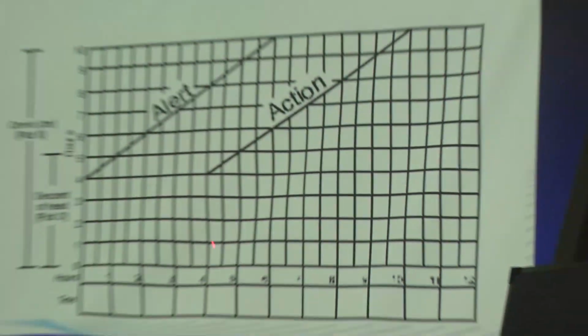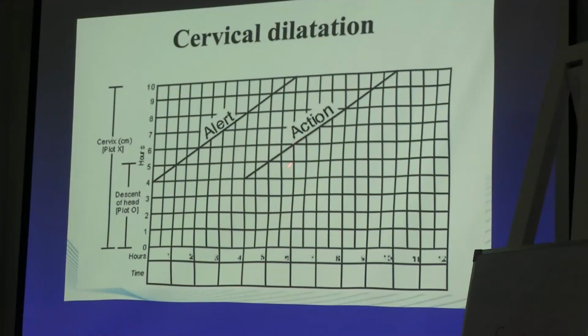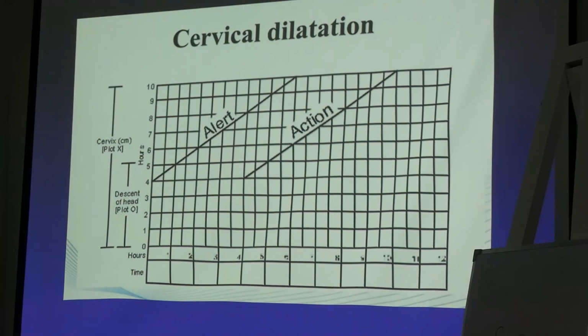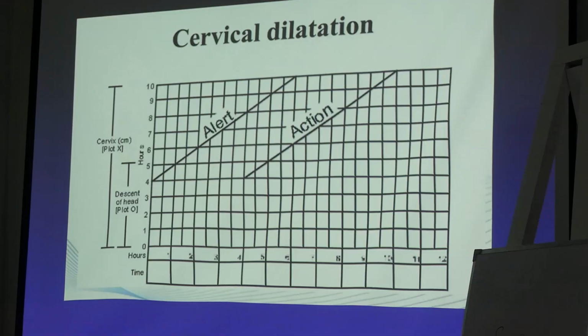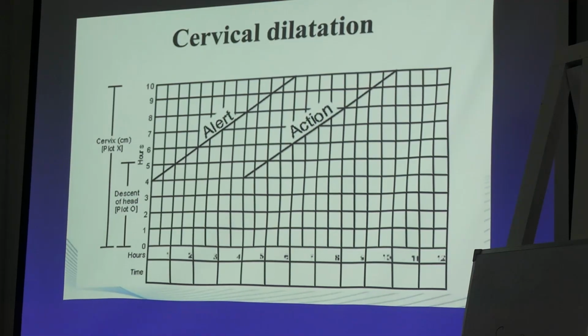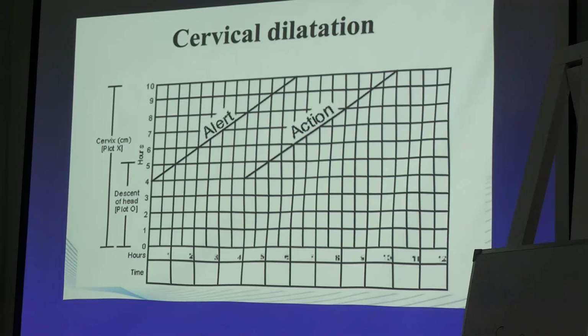So suppose at 8 p.m. it is still 6 centimeters. That means it has come here, it is still 6 centimeters dilated. It has come on the action line. Then what will you do? Cervical dilatation is 6 centimeters. What will you do?